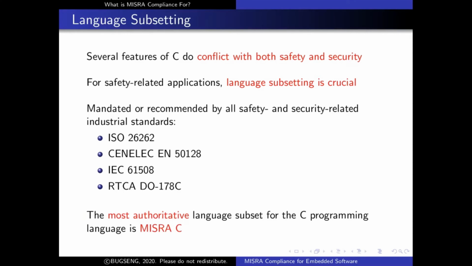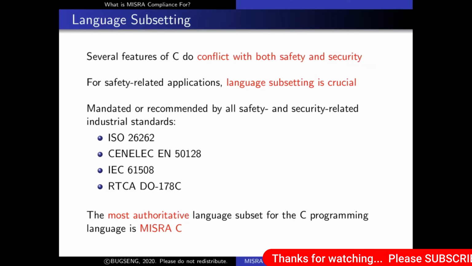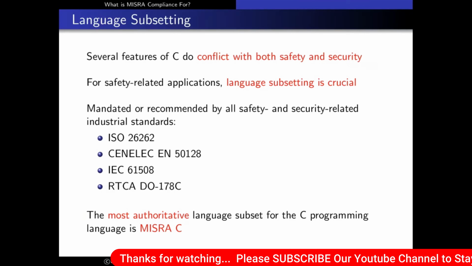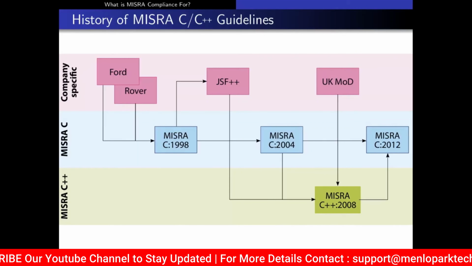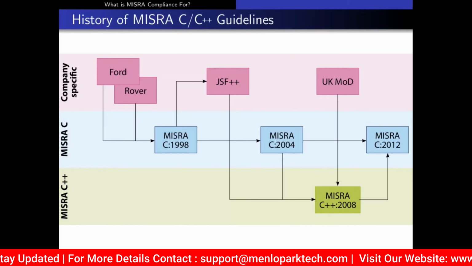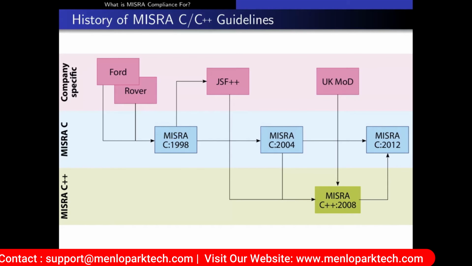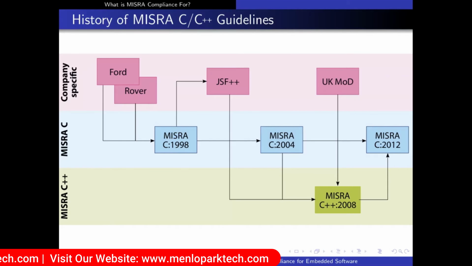So I will focus on MISRA C in this presentation, even though many of the things I say are true also for MISRA C++. Here is a picture illustrating briefly the history of MISRA C and of MISRA C++.